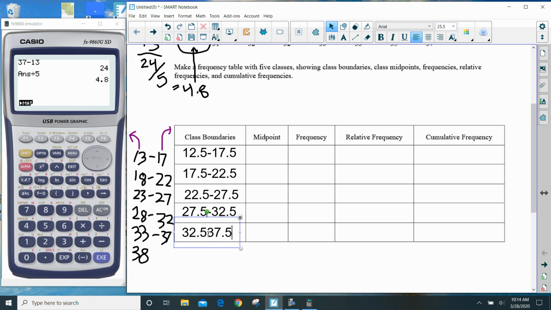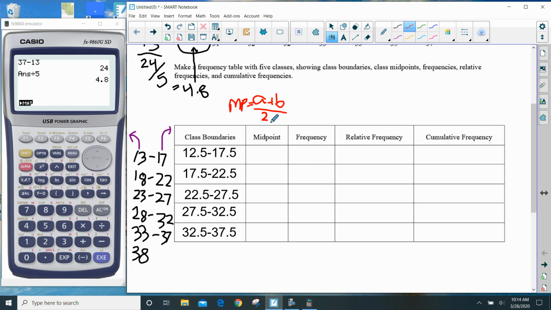All right, there it is. Okay, midpoint. Midpoint, if you recall, is how you find the middle of any two numbers. So the midpoint is equal to a plus b, divided by 2.